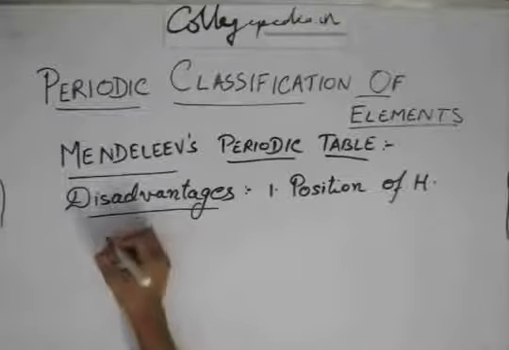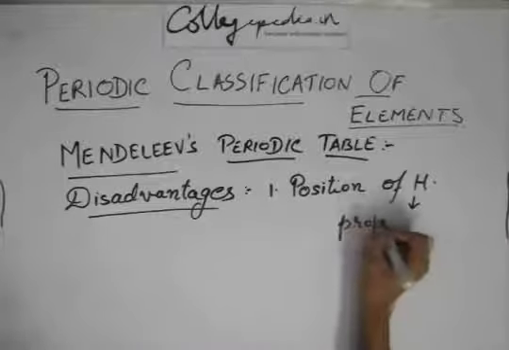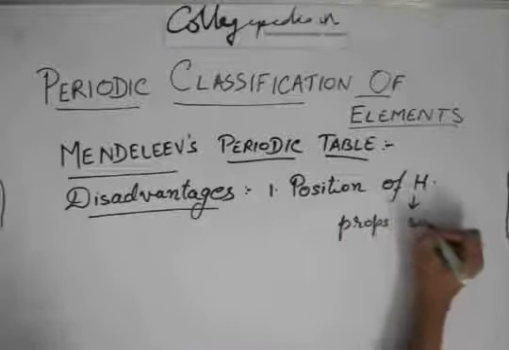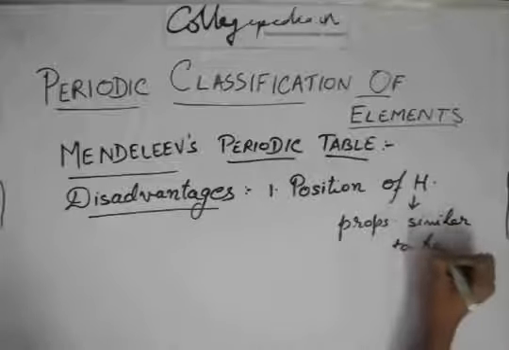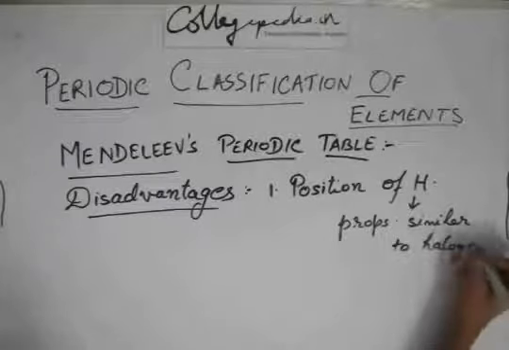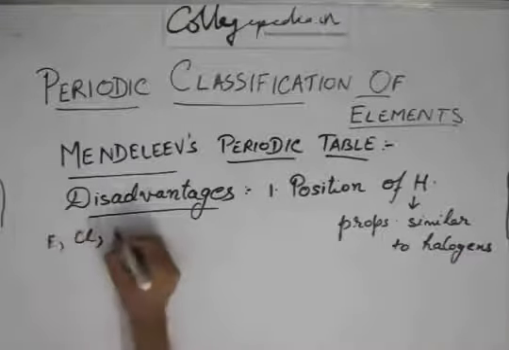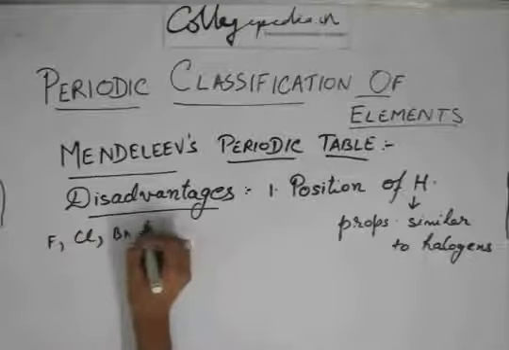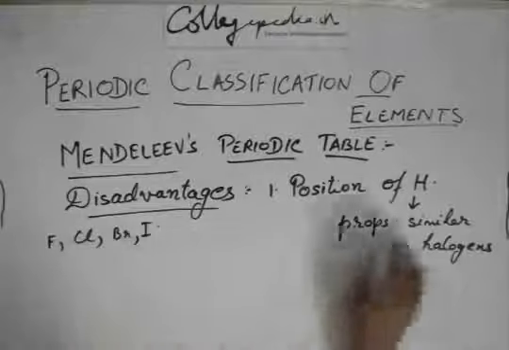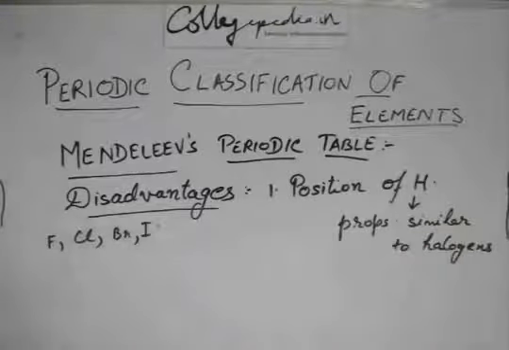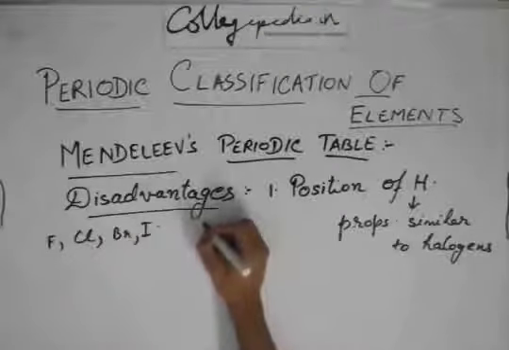similar to halogens. What are halogens? They are fluorine, chlorine, bromine, iodine. These are all halogens. Now, how does hydrogen have properties similar to halogens? See, all these elements exist as gases in the form of F2.